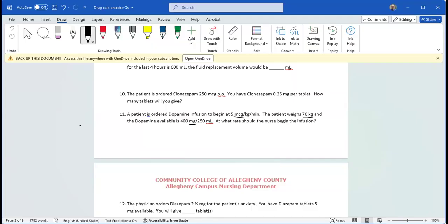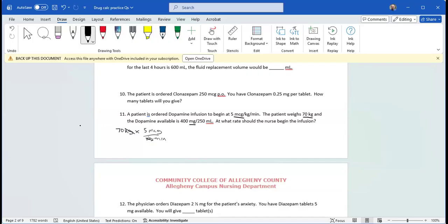If it's me, for simplicity's sake, I'm going to convert the 400 milligrams to micrograms, just because I'm doing less with this here, and I have to do so much more with this, but either way it works out. Okay. Let me just do it the long way. The first thing I would do is take my 70 kilograms and multiply it by the 5 micrograms per kilogram per minute. So we're getting rid of kilograms.